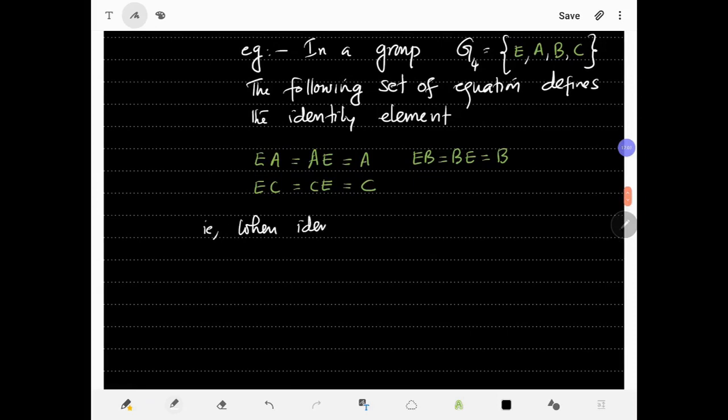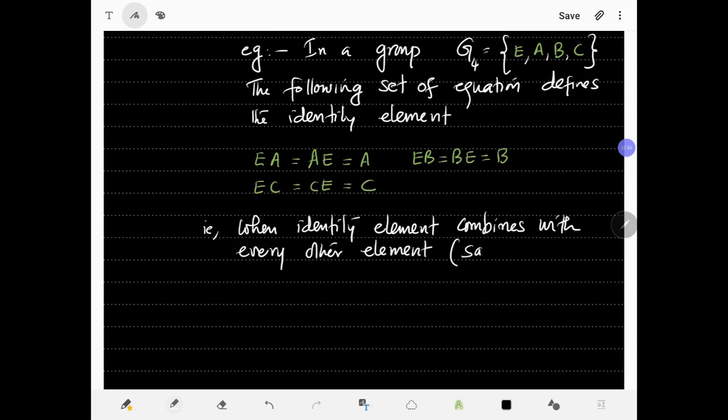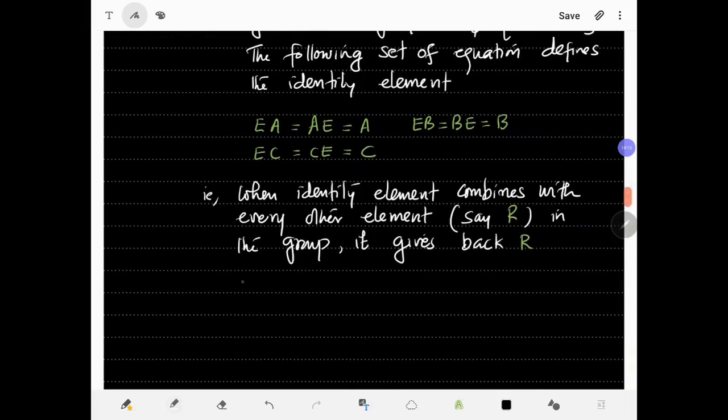That is, when the identity element combines with every other element, say for example, if the element is R in a group, it immediately gives back R, that element. So the identity element does not change any other element in the combination process.